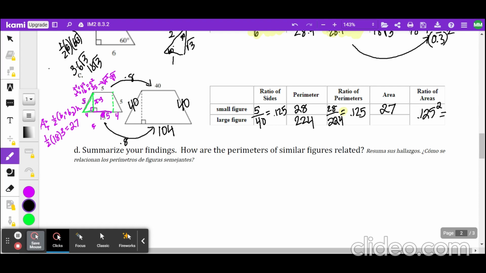What if I look up a calculator? 0.125 times 0.125 equals 0.015625.